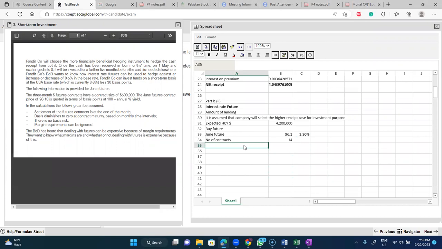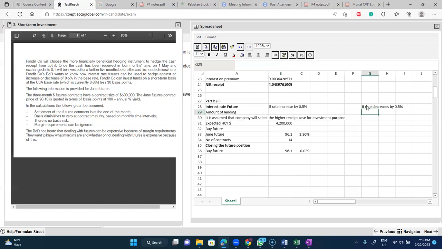So calculating, close the position. Buy future. If rate increases or decreases by 0.5%.